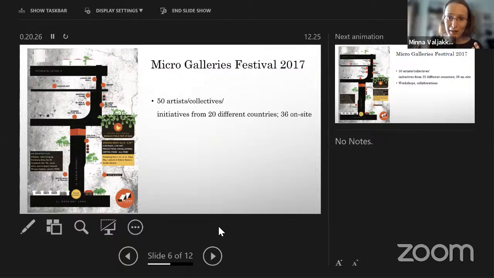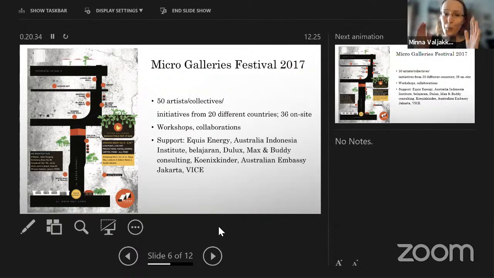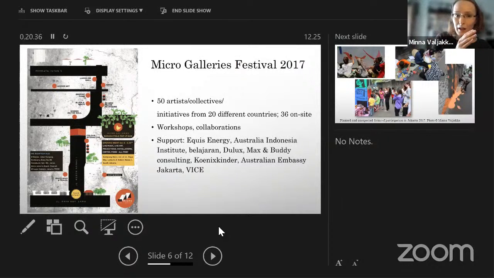So there were problems and issues, quite a few of them. There were a lot of workshops and collaborations, and it was supported by both local and international companies and initiatives, etc., etc. So it gets very transcultural also in terms of the agency and supporting groups.